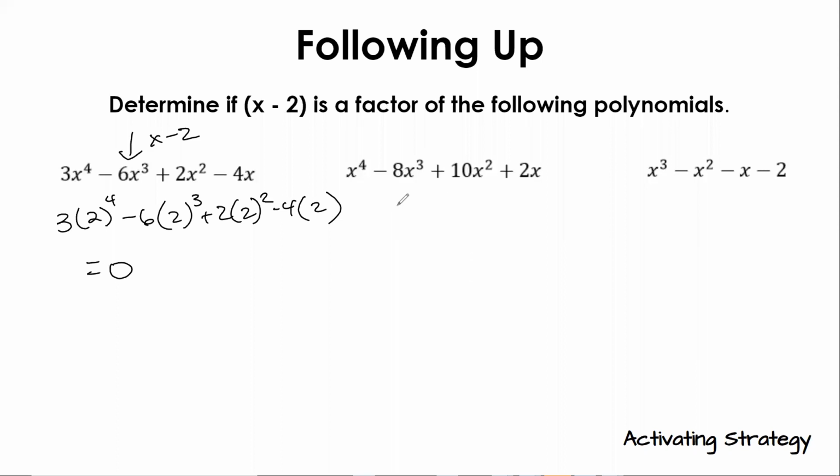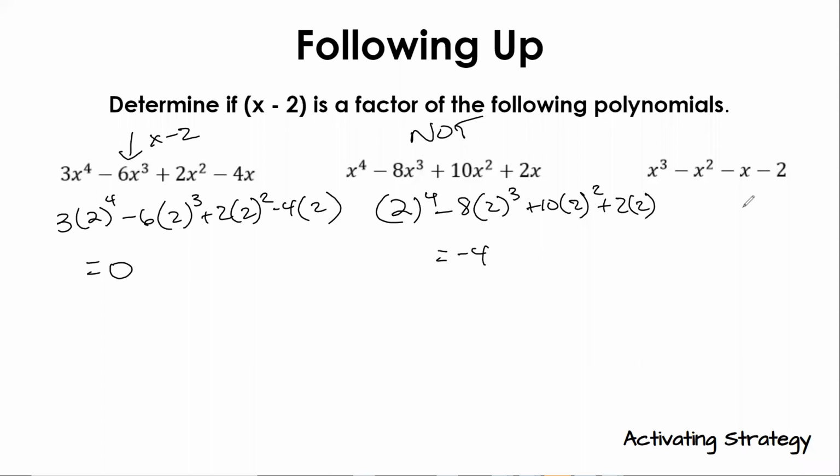On the next one, same thing, you're going to plug in. When you do this, what do you get? -4, so not a factor. Okay, on the last one, you're going to plug in.